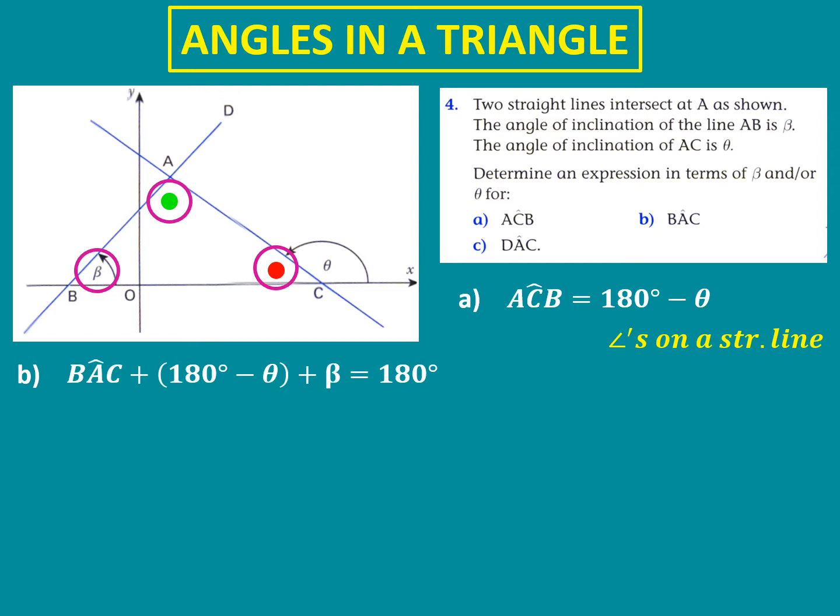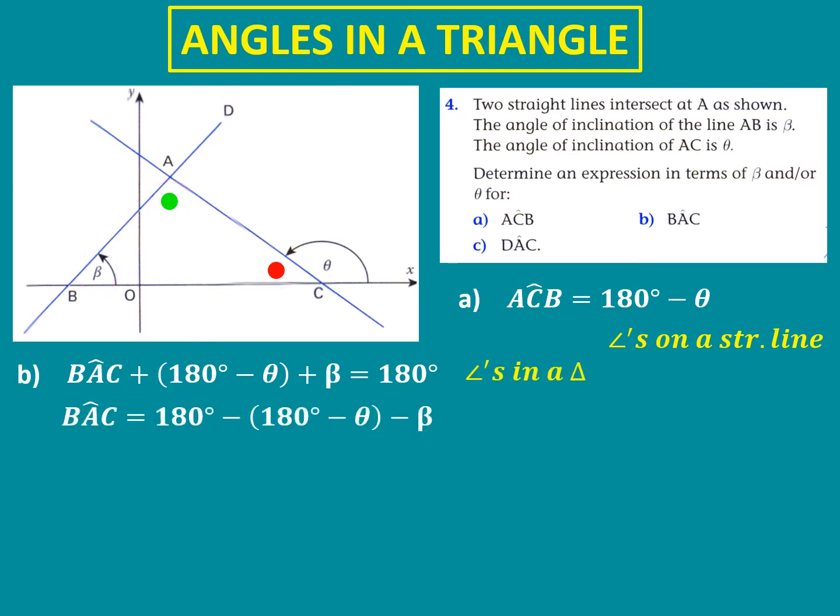So angle BAC plus the red angle, which is now written as 180 degrees minus theta, plus angle beta is equal to 180 degrees. So if I want to get angle BAC on its own, I will take 180 degrees minus theta and beta over to the other side, and I end up with BAC is equal to 180 degrees minus my bracket minus beta, and I need to multiply that negative into the bracket.